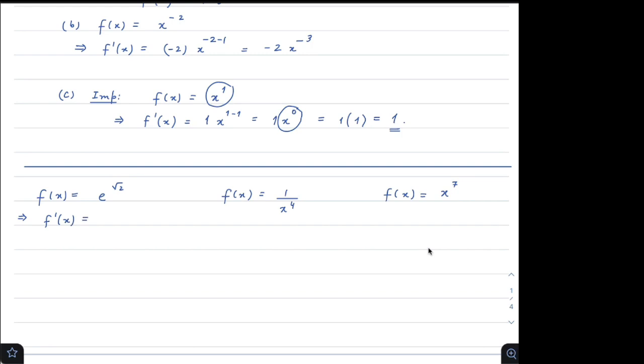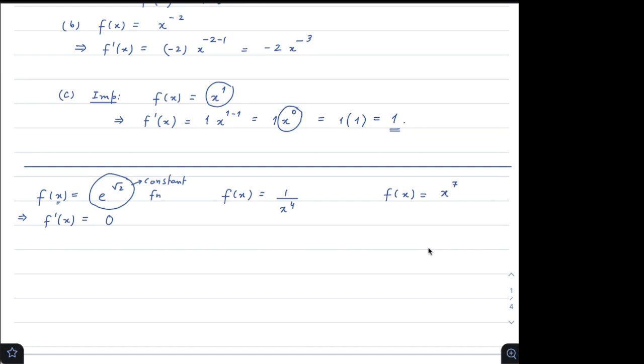What do you think? Look at the function here. I cannot spot any x over here, which means this is a constant function. It doesn't change with respect to x. Therefore, it has a derivative of 0.